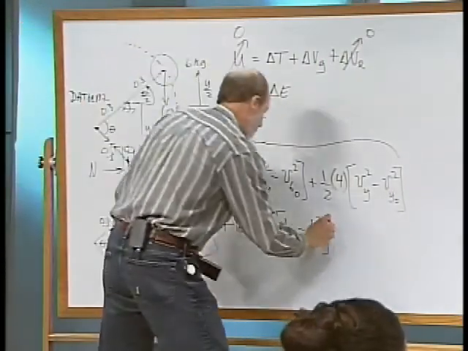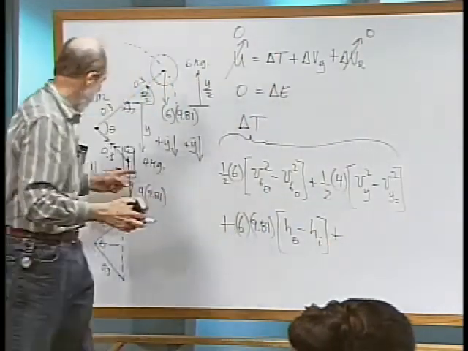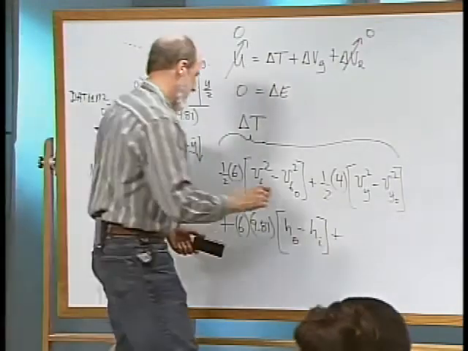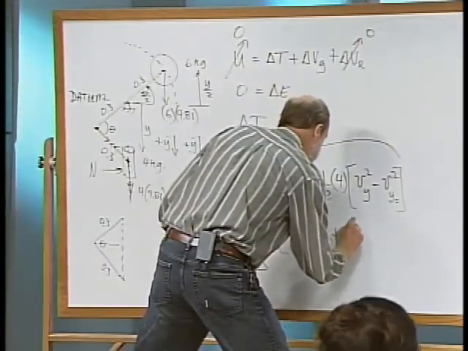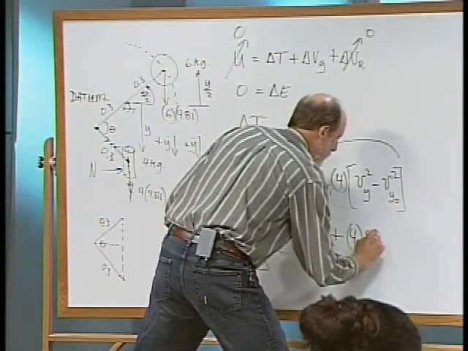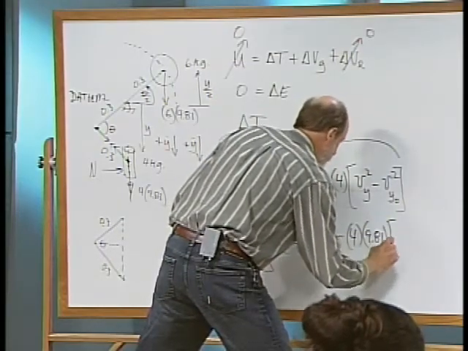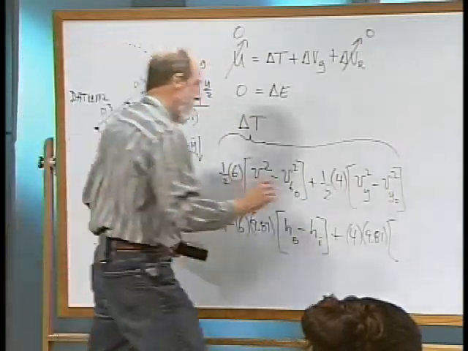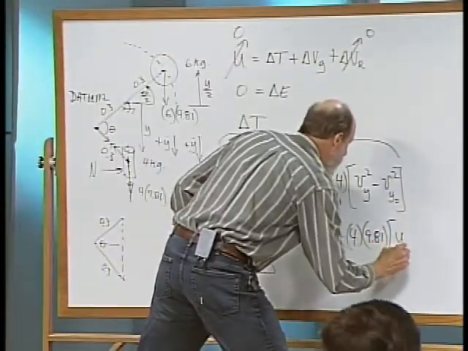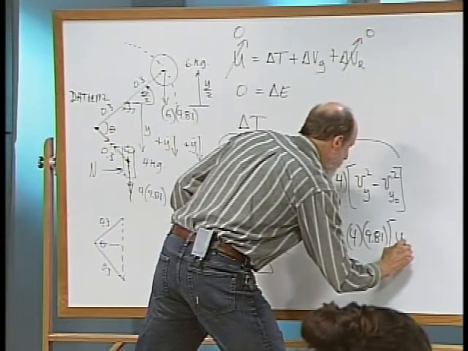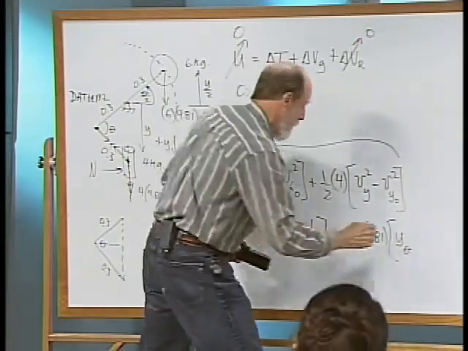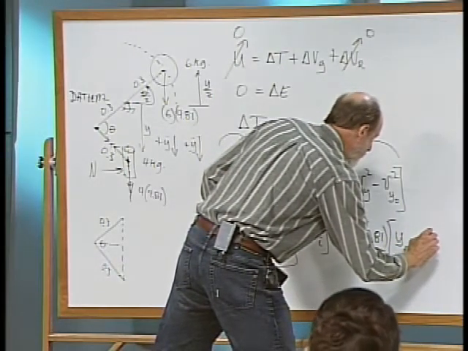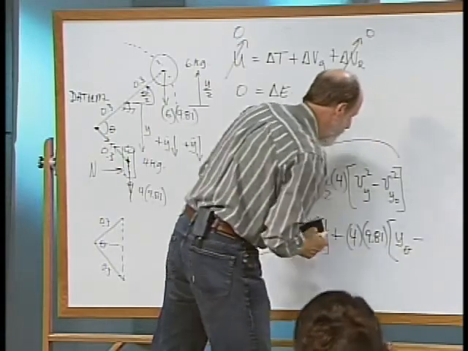And then we have to add to that the change in the gravitational potential of the 4 kilogram mass, 4 times 9.81 times its height, and so that's going to be y at some theta off the datum minus the y, and actually I better call it h.